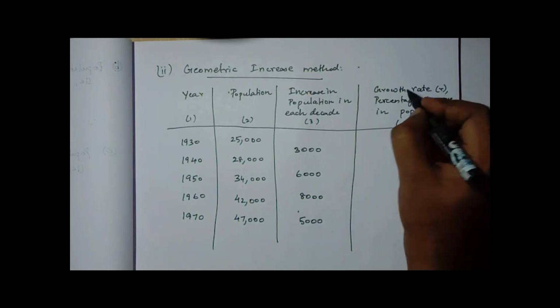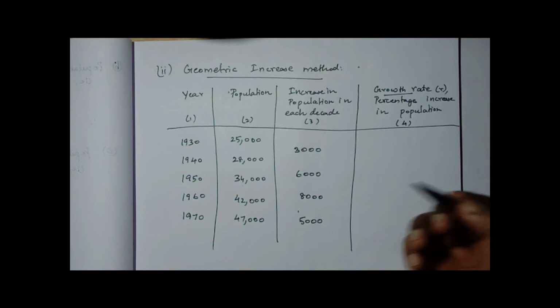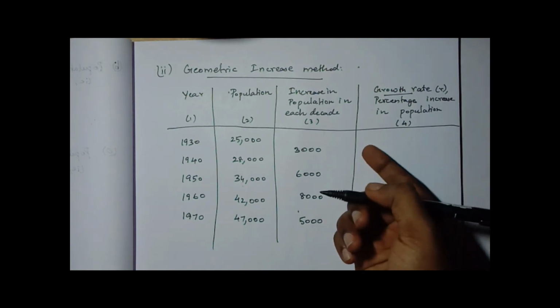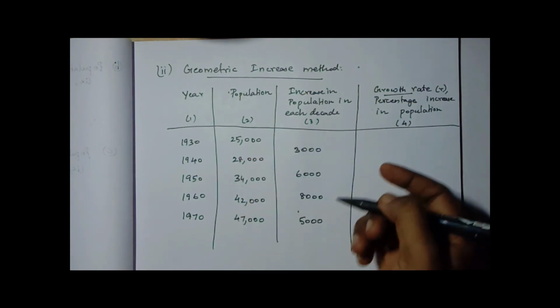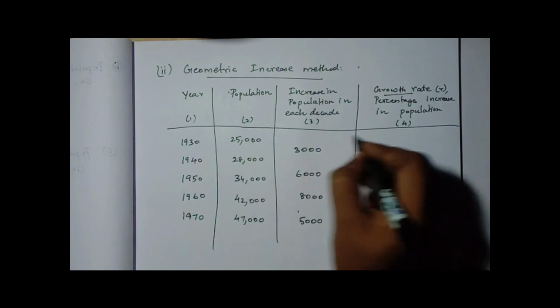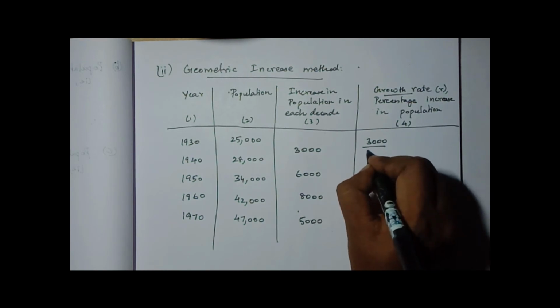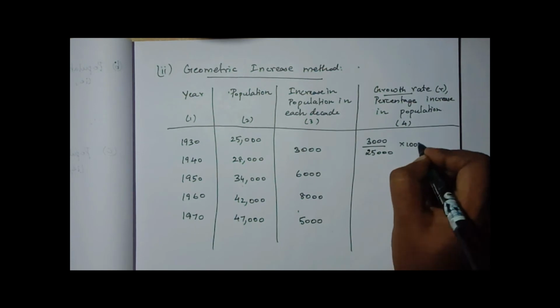Now we have to find the growth rate. Growth rate is the increase in population in each decade divided by population. For example, in the year 1930, the growth rate will be 3,000 divided by 25,000 into 100.